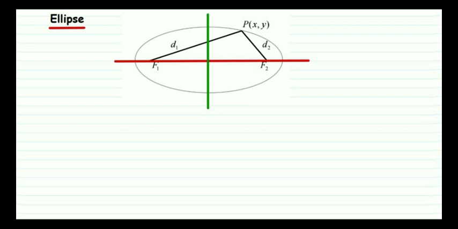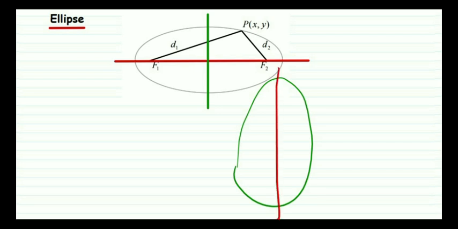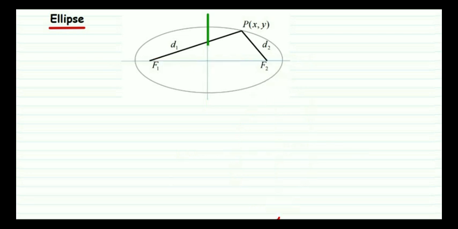It's possible to have an ellipse in this direction, where the major axis is the y-axis and the minor is the x-axis. That's also possible. Now that we understand what an ellipse is, we want to come up with the equation that we're going to be using when it comes to an ellipse.